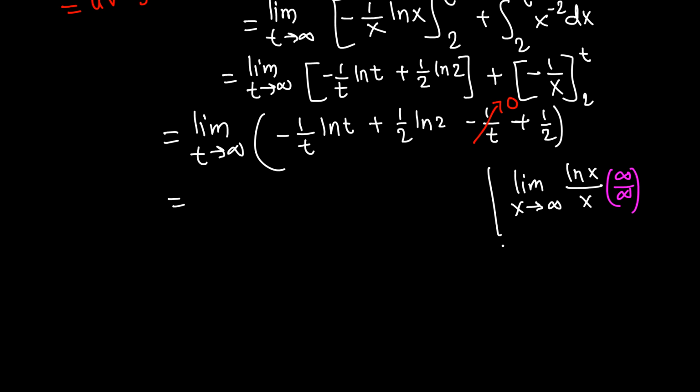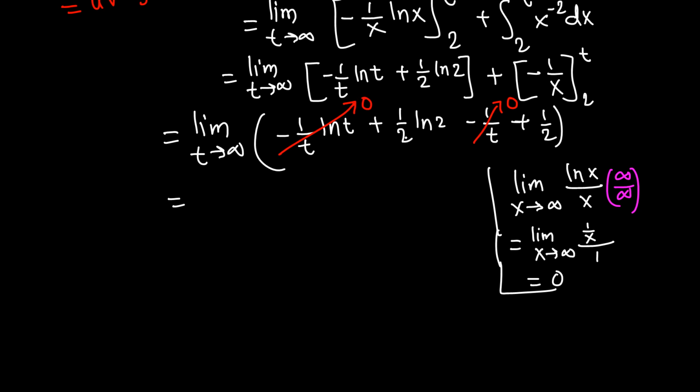That means we can use L'Hopital's rule. Using L'Hopital's rule, this is the limit as x goes to infinity of the derivative of natural log of x, which is 1 over x, over the derivative of x, which is 1. When x goes to infinity, 1 over very big is 0. That means this limit is in fact 0.